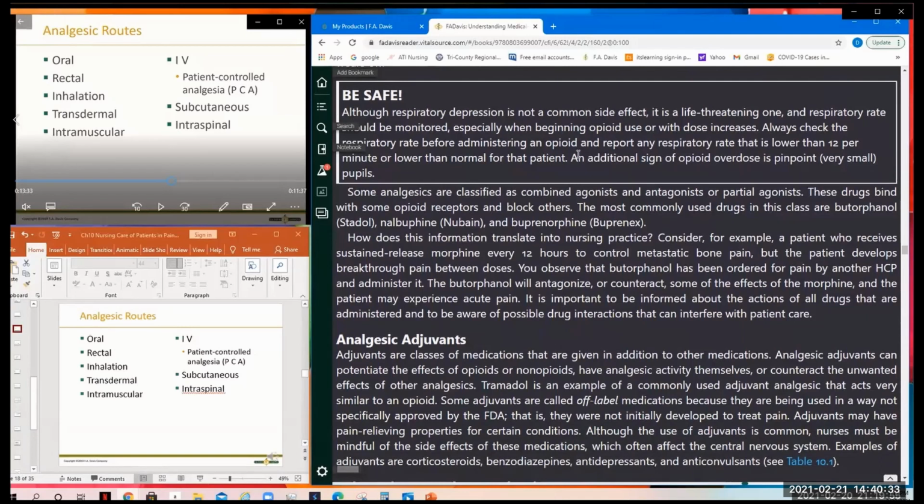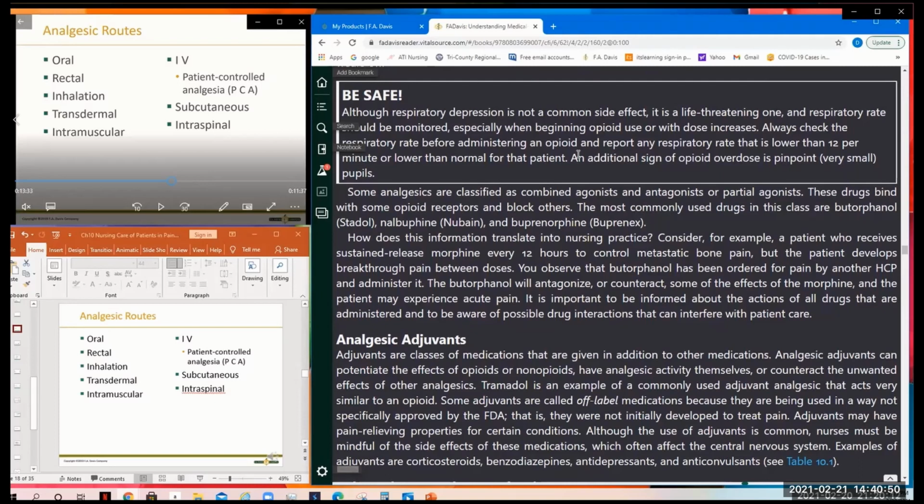Some analgesics are classified as combined agonists and antagonists or partial agonists. These drugs bind with some opioid receptors and block others.